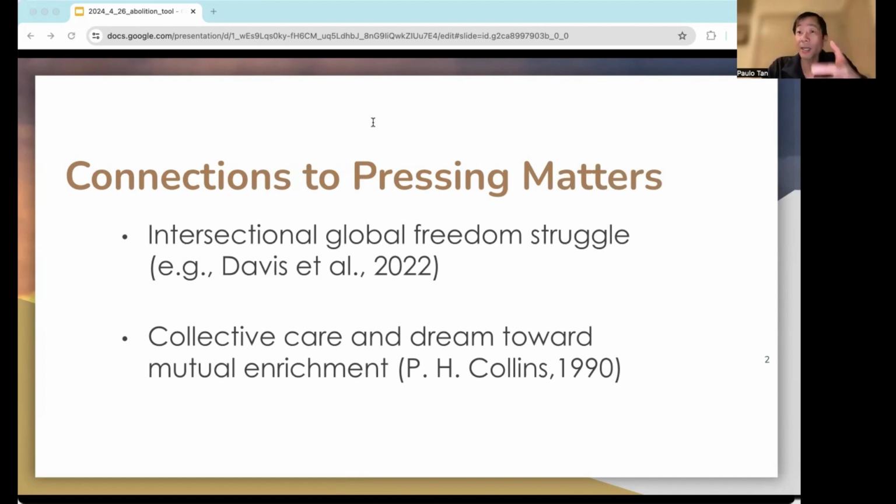What I think is important is that it connects in a lot of ways to this larger struggle, a larger freedom struggle, if you will. The work that I am proposing here has a connection to intersectional issues.